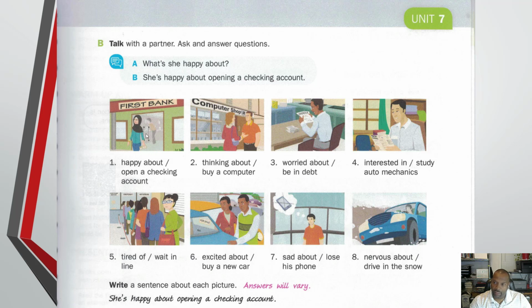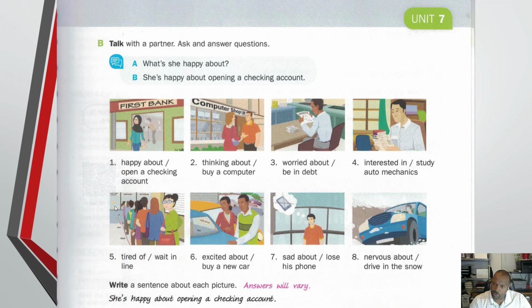First one is a woman at a bank. Second picture, 2 people talking in front of a computer store. Number 3 is a man sitting at a table looking at an overdue bill. Number 4 is a man looking at a brochure about a technical school. Number 5 is a woman online for something.